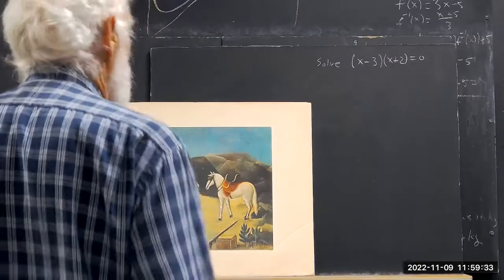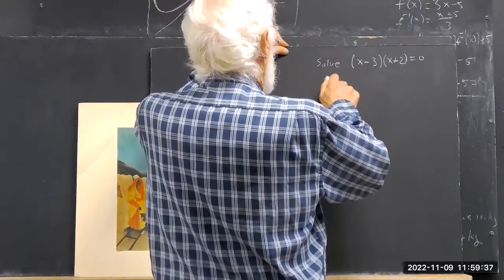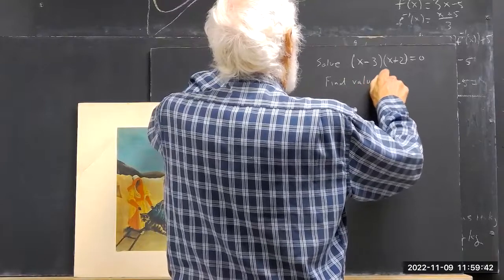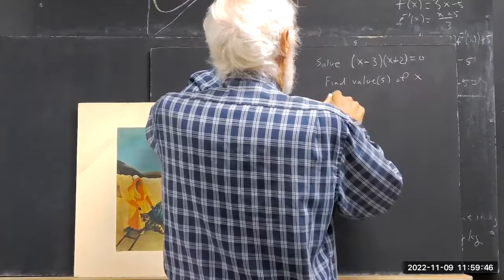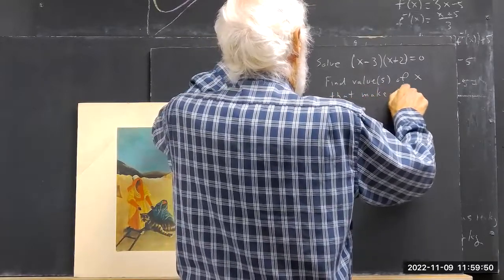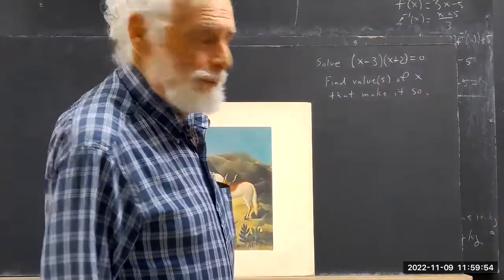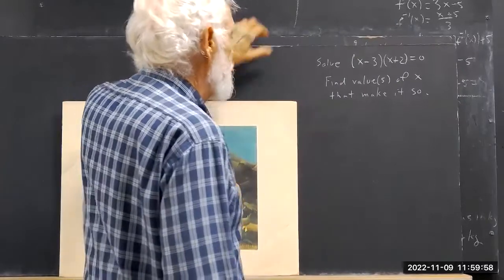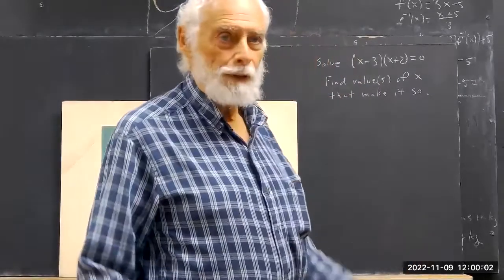Okay, so you want to solve this equation, meaning find the value or values of x that make it so. And well, first suggestion I had was let's let x equal 0.